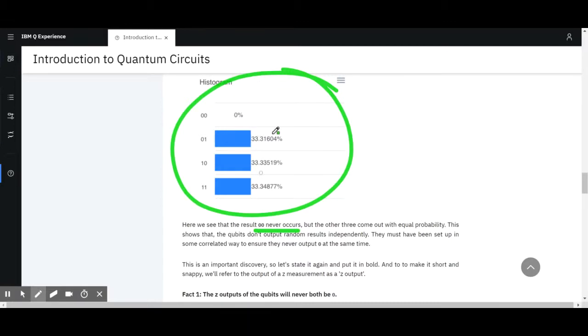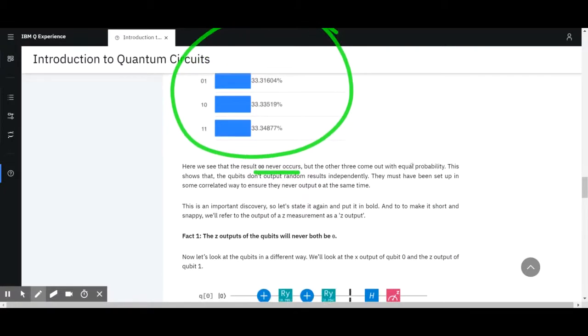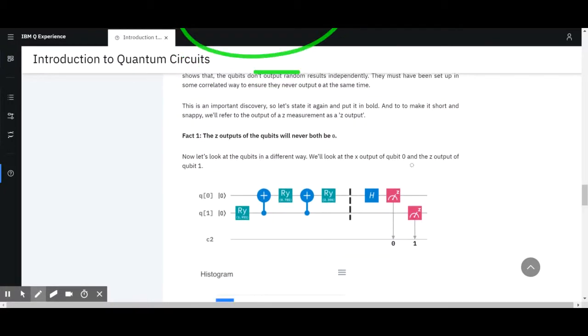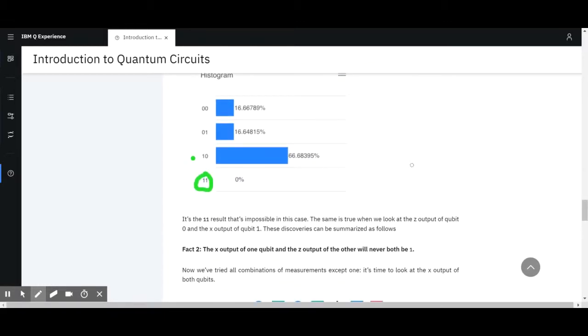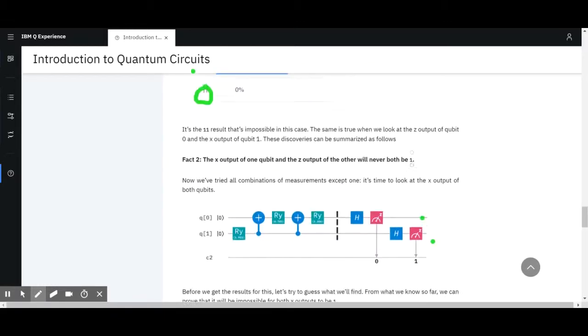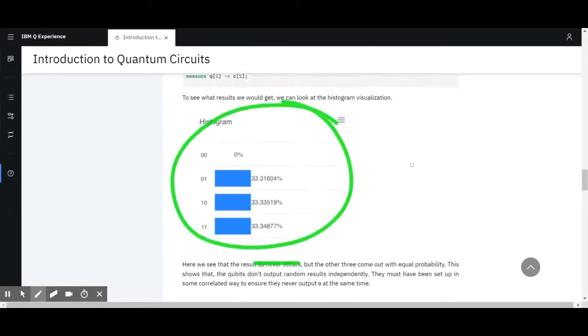So you can simulate that easily, but it's not entirely true. That's indeed an interesting introduction to quantum circuits. Cool.